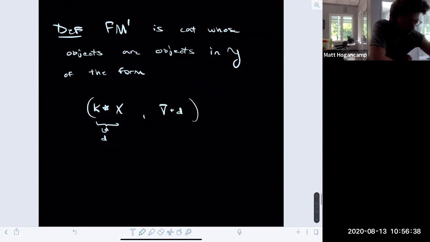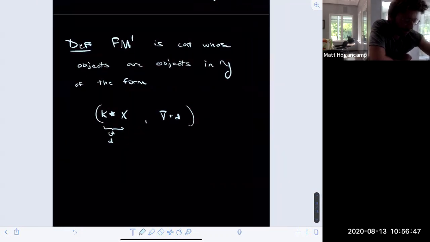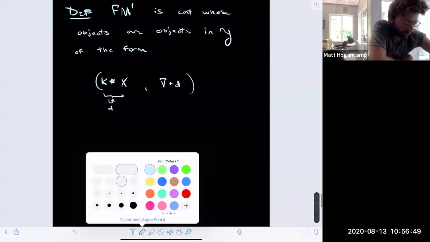Okay, so in practice, what this means is you take a complex of Soergel bimodules.